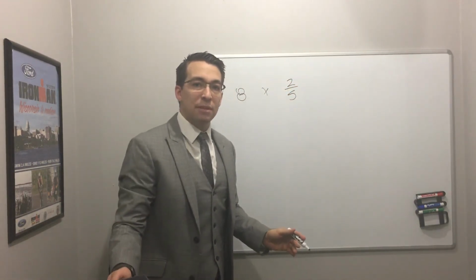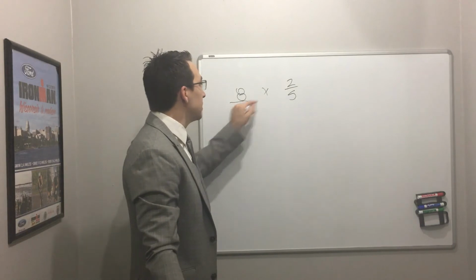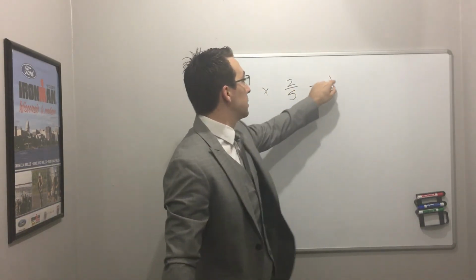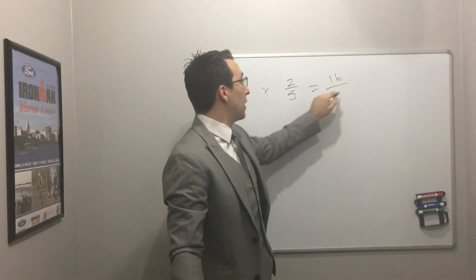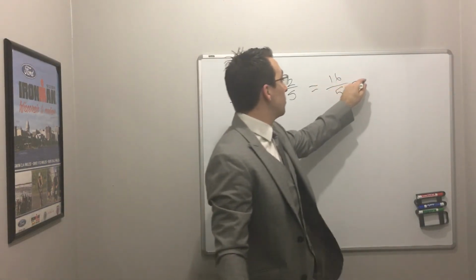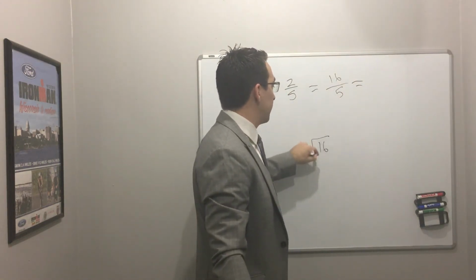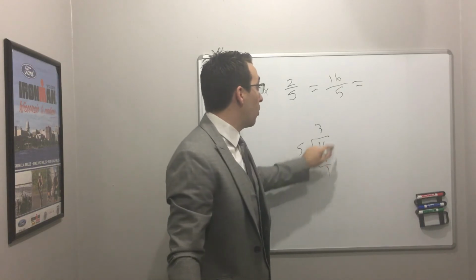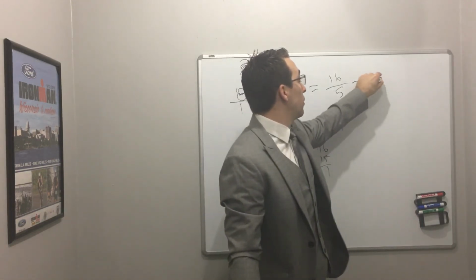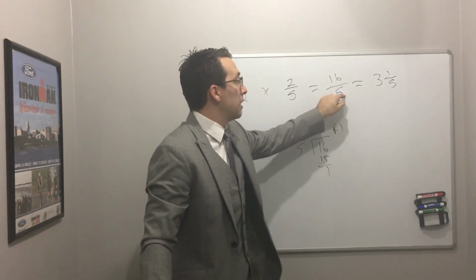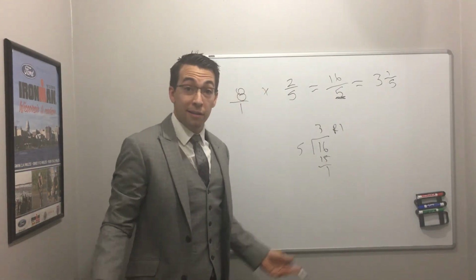Isn't that just the same as saying 8 over 1 times 2/5 equals 8 times 2 is 16, 1 times 5 is 5. Cool. So that equals, what's 16 divided by 5? It's 3, 15, and then 1, remainder 1. So 3 and 1 over 5, because my denominator is 5 right here. It's awesome.